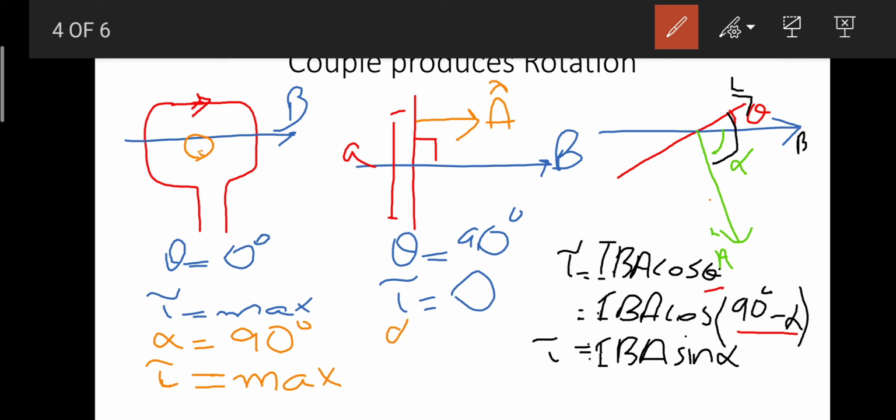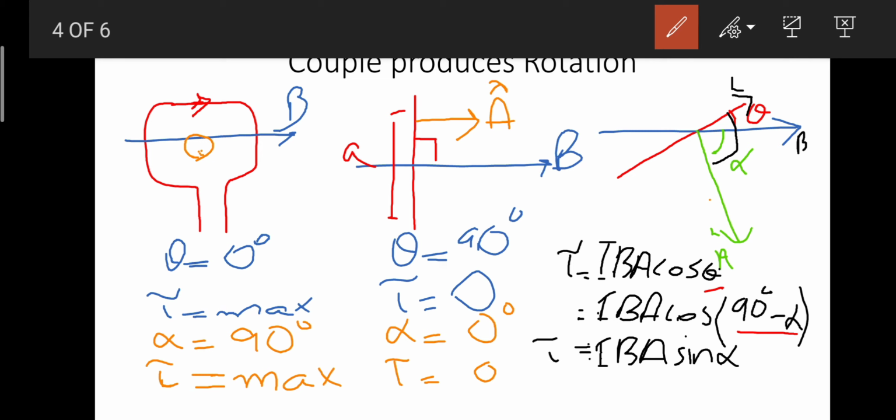So if I put alpha equal to 0 degrees, I get tau equal to 0, because sine 0 degrees gives you the value equal to 0. So that's how we can use the vector area with the formula tau equals IBA sine alpha.